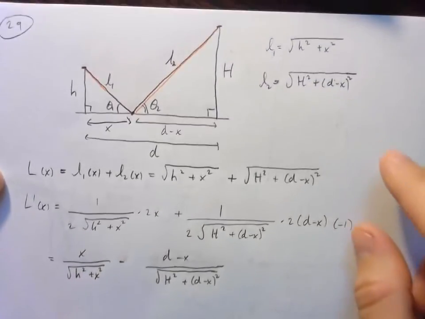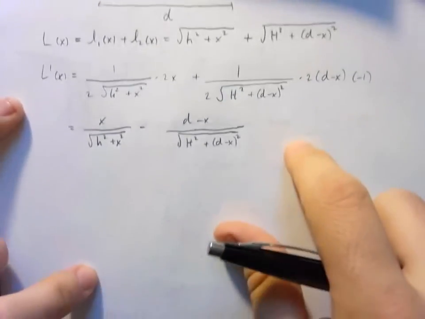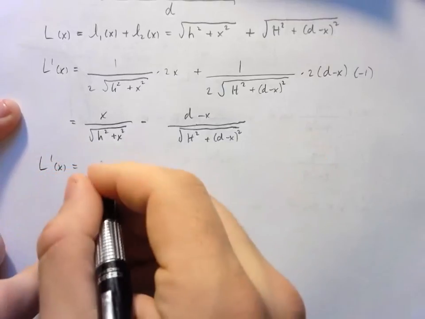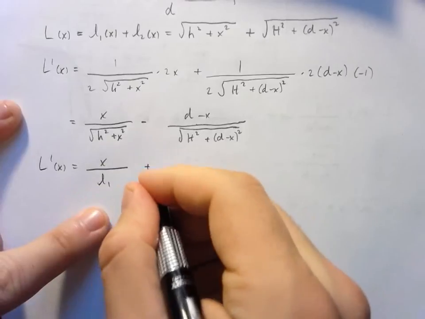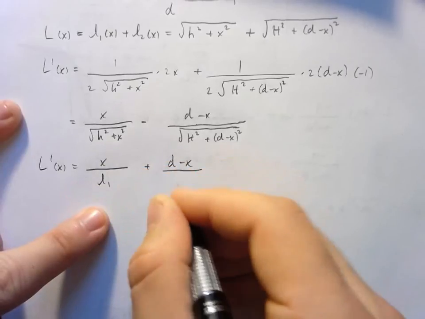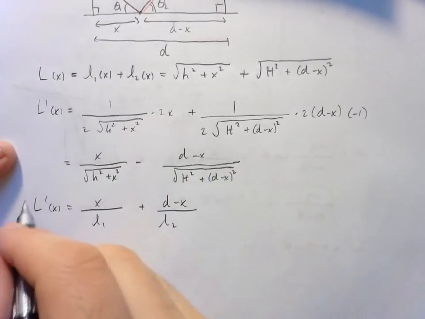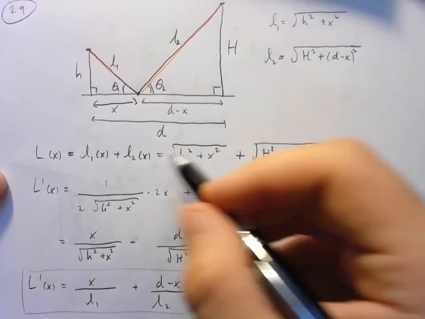Okay, but I know that L1 and L2 are the denominators of this expression, so let's go ahead and replace that in. I have L prime of x is equal to x divided by L1 minus d minus x divided by L2, right? So this is what I have here, and now I go back to my drawing.